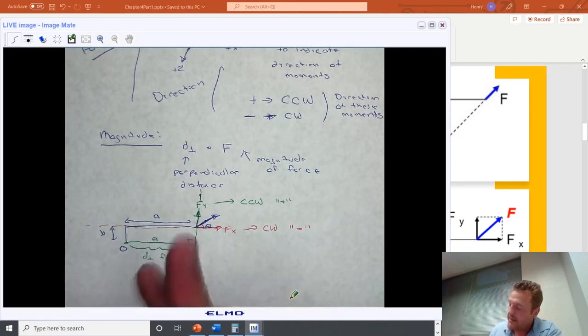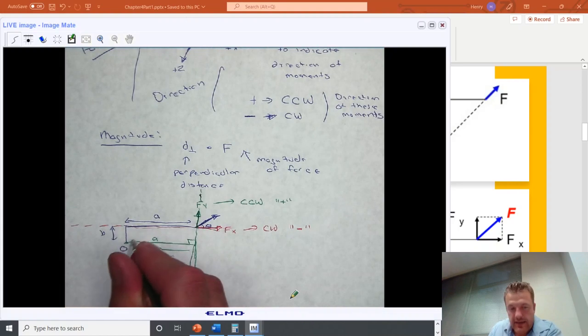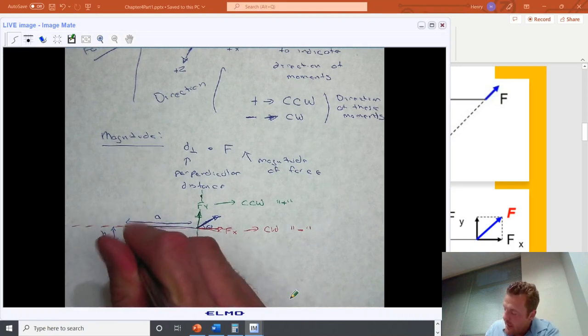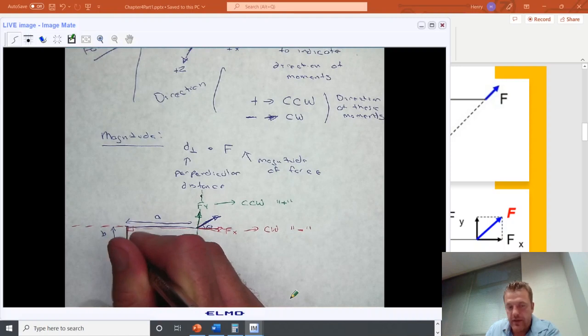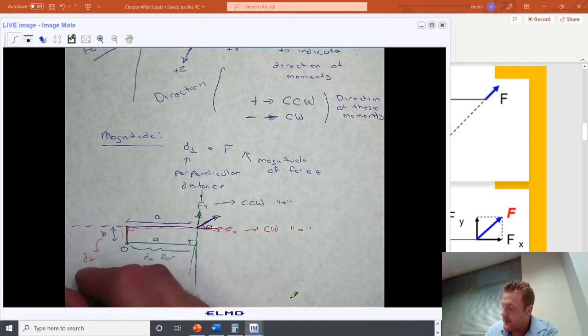In a similar fashion, if I extend out the horizontal line of action of this force, there's a ton of lines that I could draw from the origin to that horizontal line. However, the only one that creates a perpendicular intersection is the one that goes directly up. And clearly this B is nothing more than the perpendicular distance for Fx.